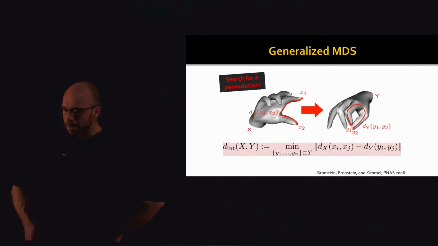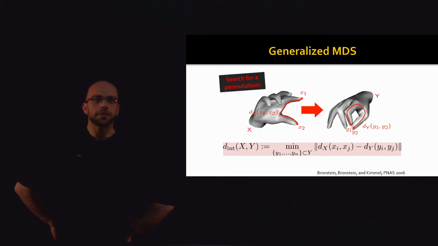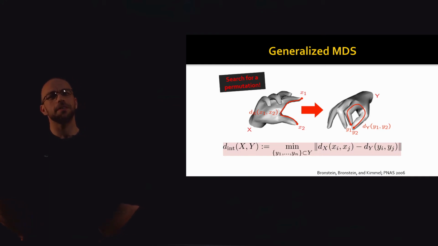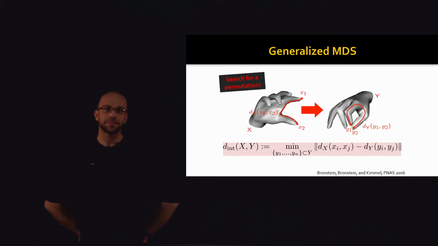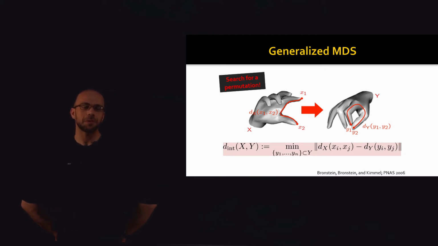To compute a mapping from one surface into another, one of the early popular techniques was proposed by Bronstein and Kimmel in 2006, and it was known as GMDS, or Generalized MDS, which essentially was looking for a permutation of the points of one surface onto another that optimized that Gromov-Hausdorff distance. So this was the GMDS model.